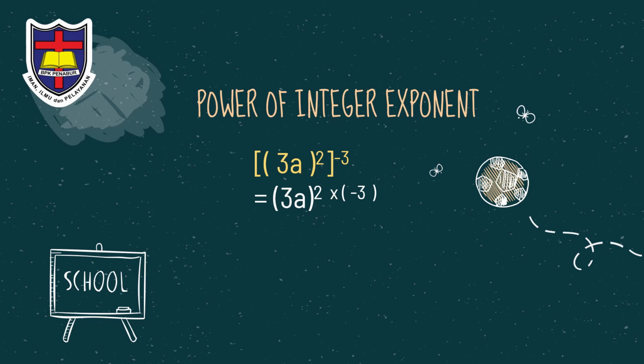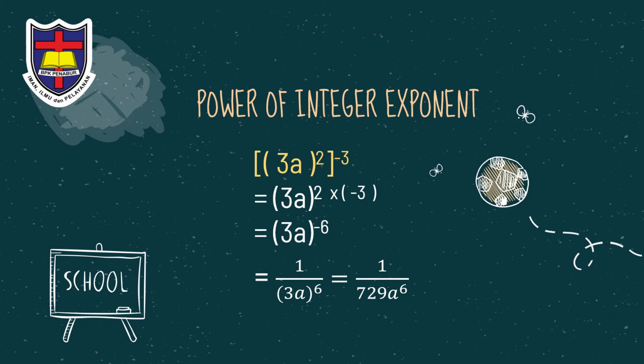So we have 3a to the power of 2 times negative 3 is negative 6. So we have 3a to the power of negative 6. After we've got this, we must change the negative sign into positive sign. So we have 1 over 3a to the power of 6.